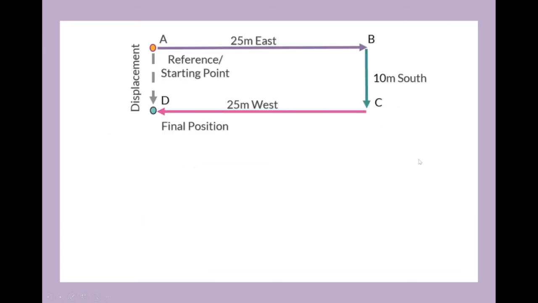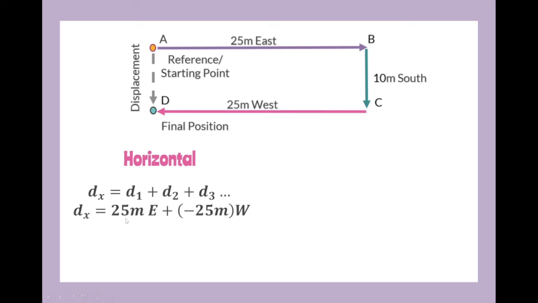Proceeding, let us solve for the displacement along the horizontal. Symbolized as d sub x, we will have the formula d sub 1 plus d sub 2 plus d sub 3. Substituting the values of the displacement along the horizontal dimension, we will have 25 meters east plus negative 25 meters going to the west.